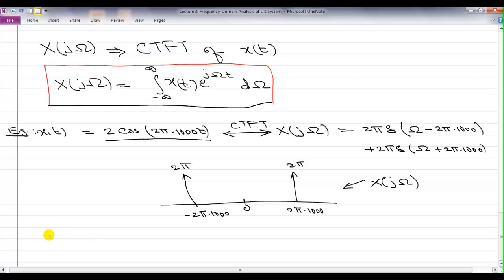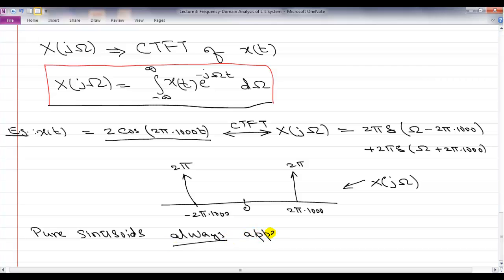Now, the other thing which you should always know is that pure sinusoids, and by pure I mean either cosine, sine, or complex sinusoids, always appear as impulses in the continuous time Fourier transform.